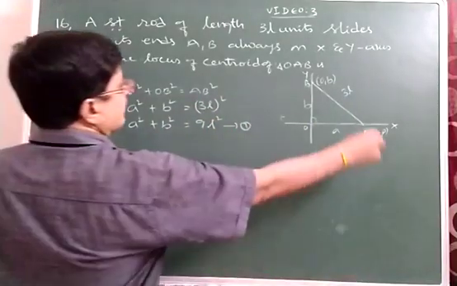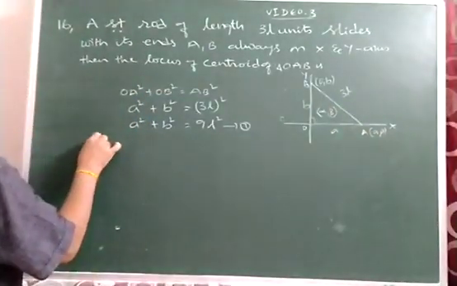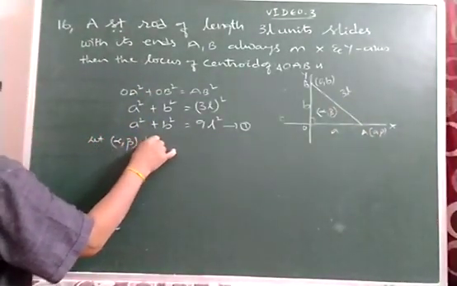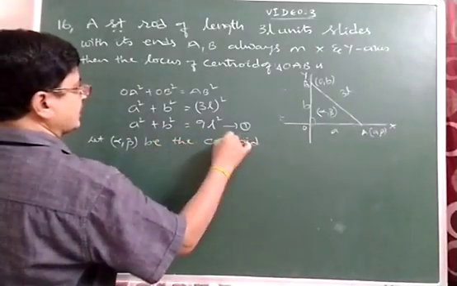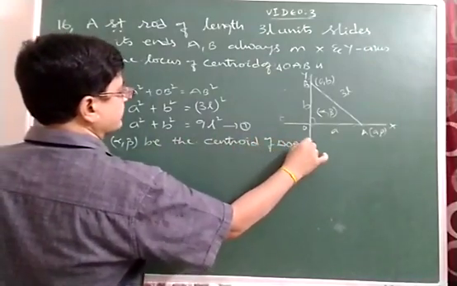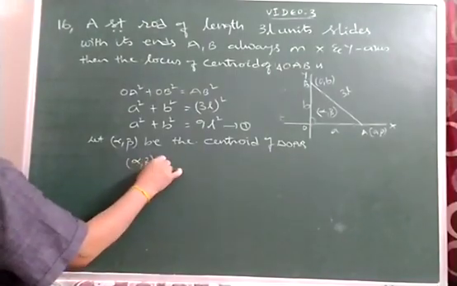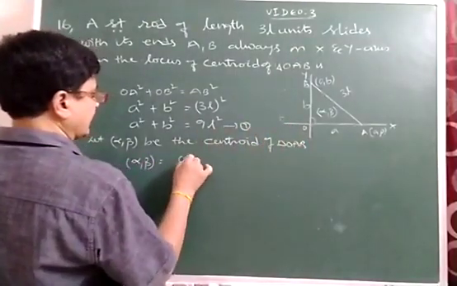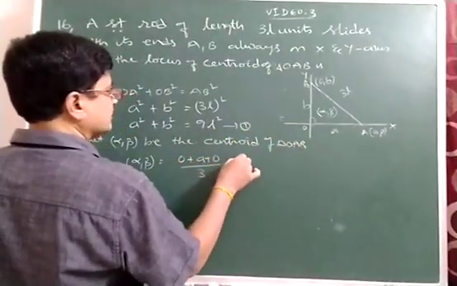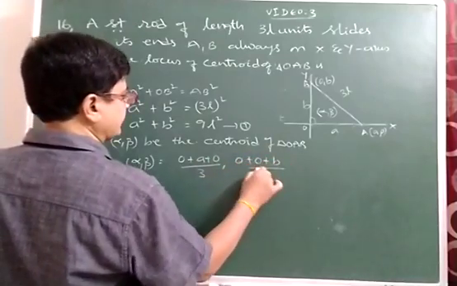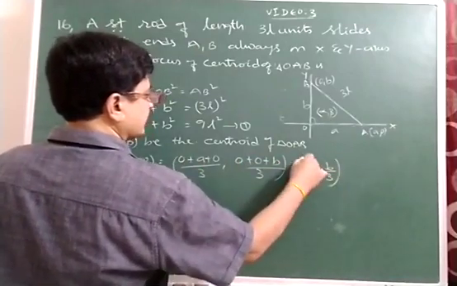Here let (alpha, beta) be the centroid of triangle OAB. Now applying the centroid formula, (alpha, beta) is equal to ((0 plus a plus 0) by 3, (0 plus b) by 3), that is (a by 3, b by 3).